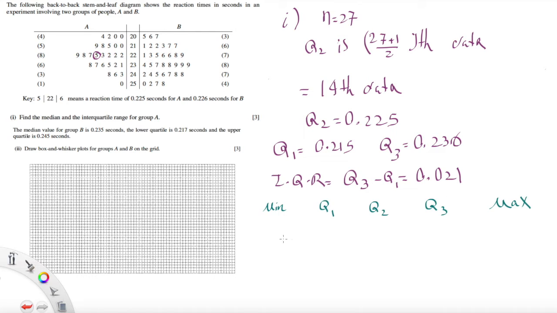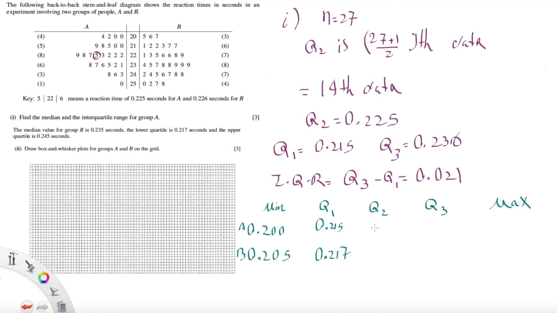For A, as you see here, 0.205 is the minimum for A. Here A, here B. Q1 or lower quartile is 0.215, for group B is 0.217 as given.